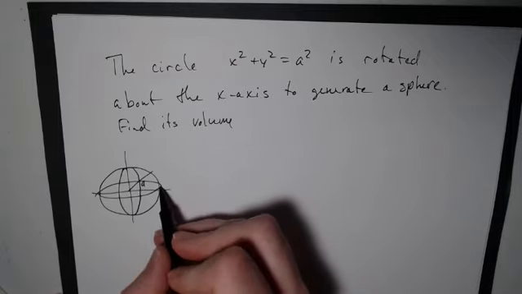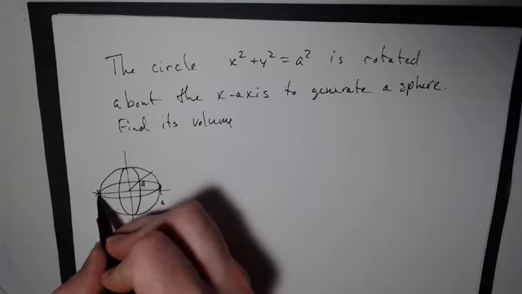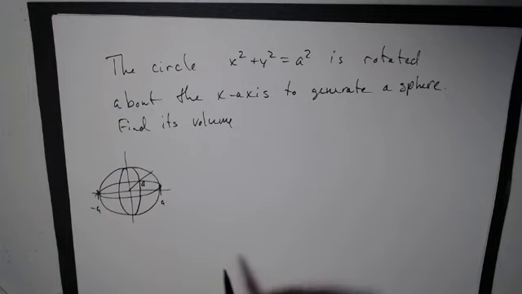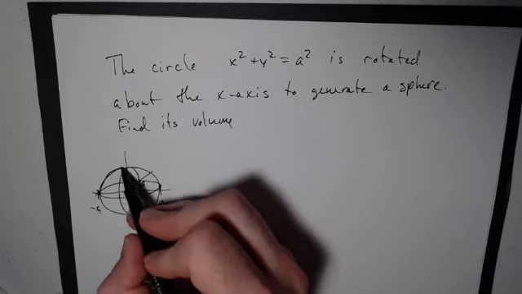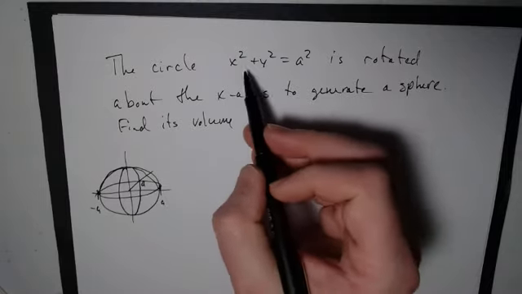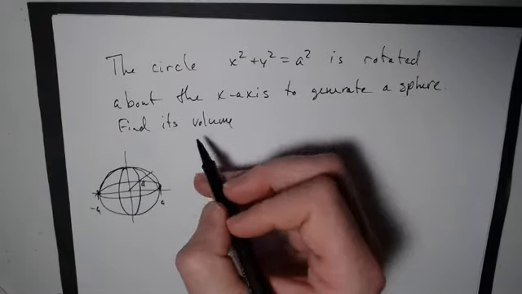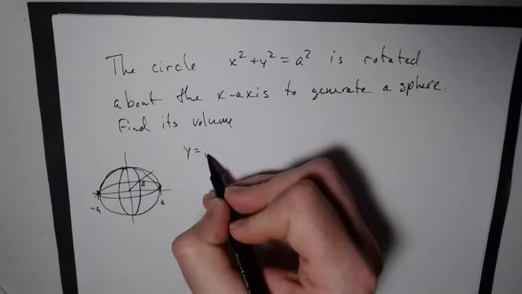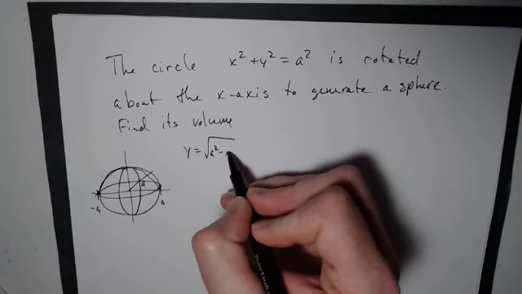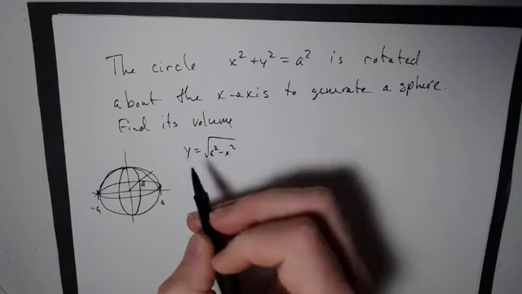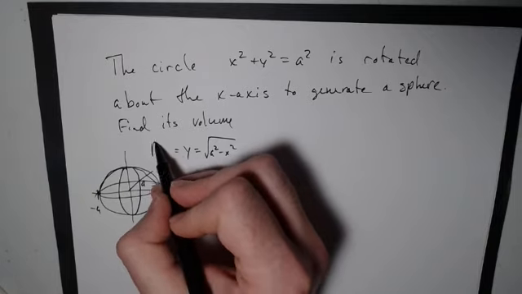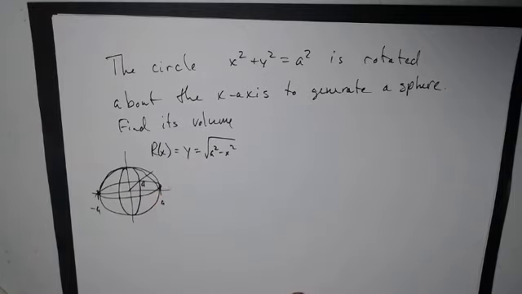And so in this case I know that x goes between negative a and a, and my height function here is what happens when I solve this for y. I can take the positive one there. I can say y equals the square root of a squared minus x squared is my height function, or properly in terms of our method we should call that r of x.